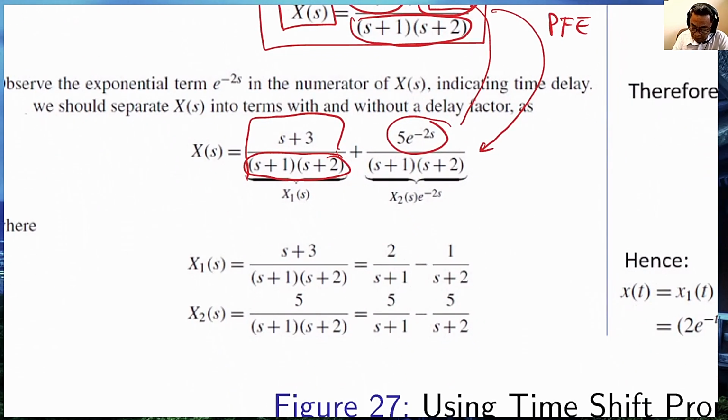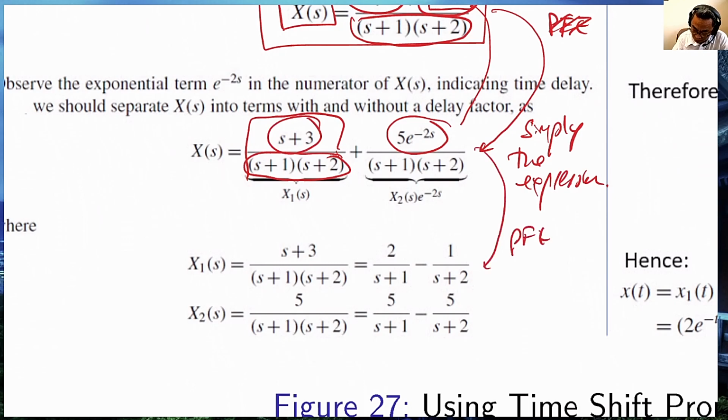Now we perform a step to simplify the expression and bring the numerator into this form. Now by partial fraction expansion, we are going to solve for the first term, which we call X1, and the second term, which we call X2.